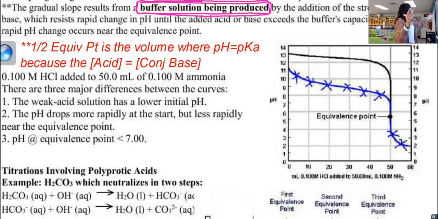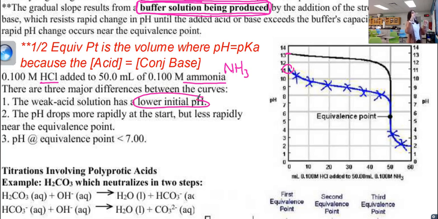Okay, and then this is just going to do the same thing except now we have hydrochloric acid, which is a strong acid, with ammonia, NH3, or ammonium hydroxide, which is a weak base. And so what are the differences here? Now we're going to see that our pH actually starts a little bit lower than what it should have if it was strong. So a lower initial pH.